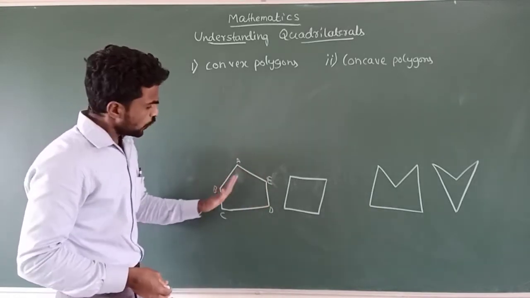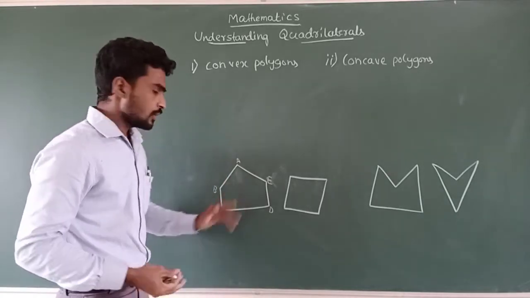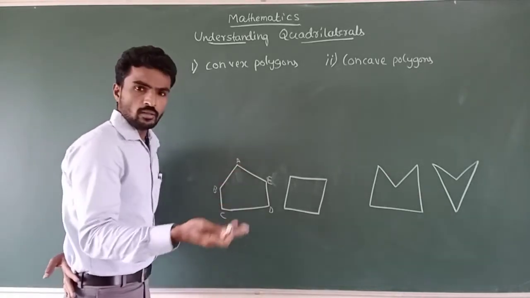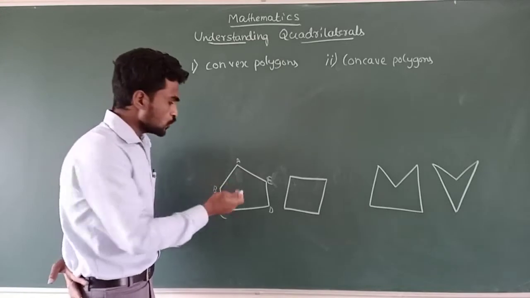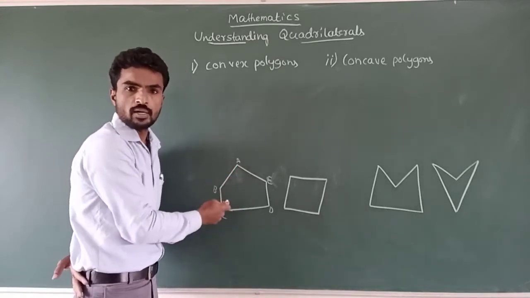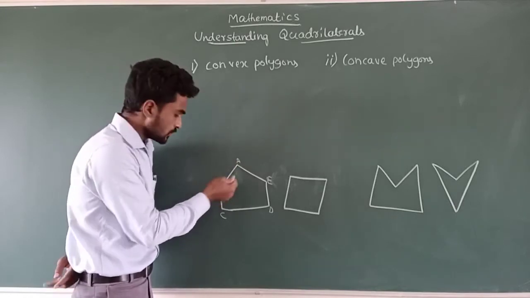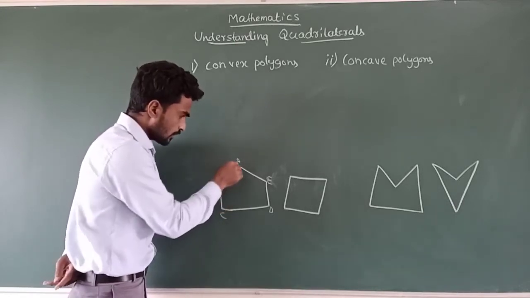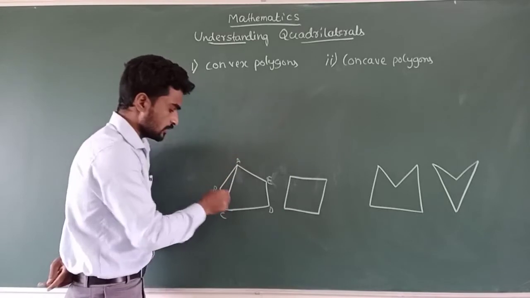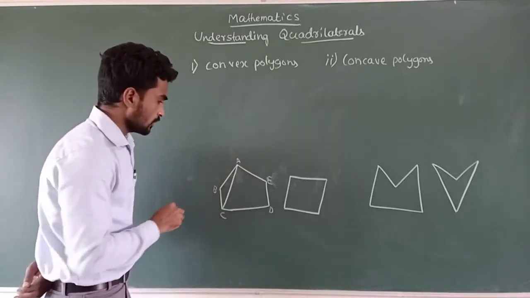Now how many diagonals are there for a pentagon? We already know that a diagonal means we join two non-consecutive points of a polygon. Here A and B are consecutive points. A and C are non-consecutive points. Join these two, we get one diagonal.